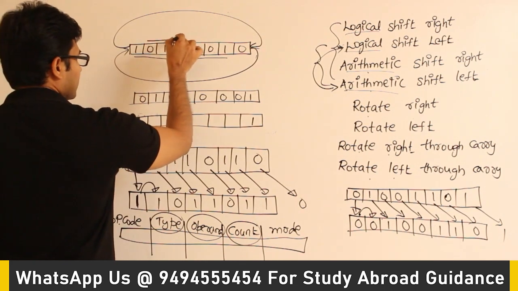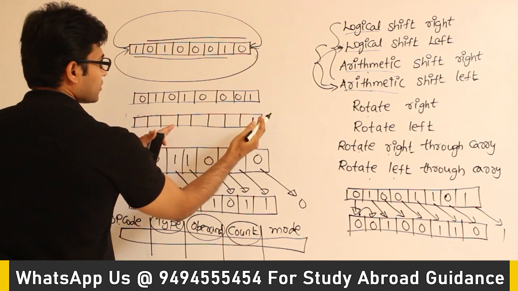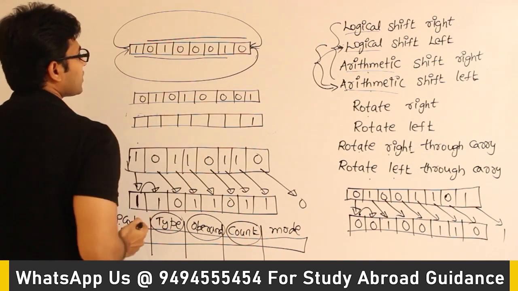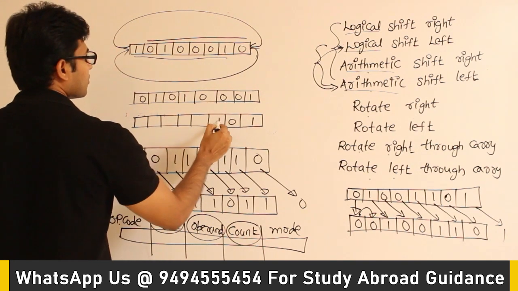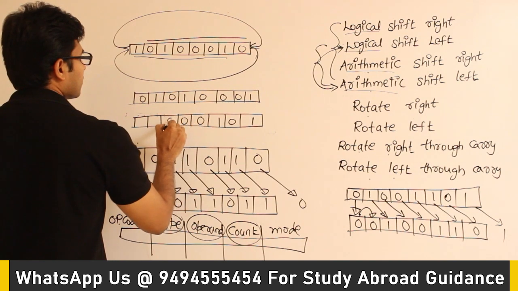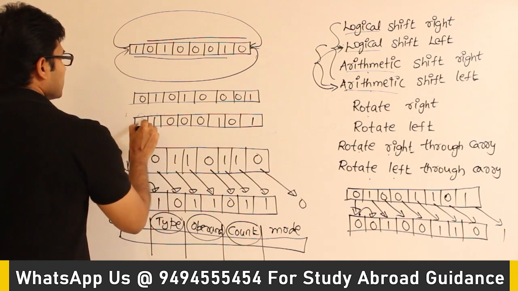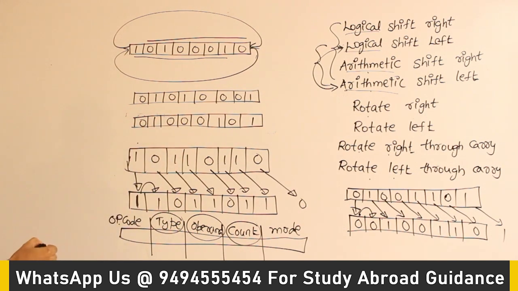And all the 7 bits are going to shift one position to the left. So here it is going to be 0 1 0 0 0 1 0. So this is rotate left. So rotate right we have seen and rotate left we have seen.